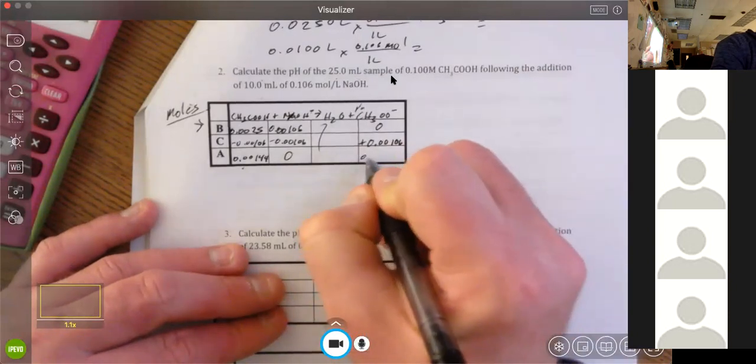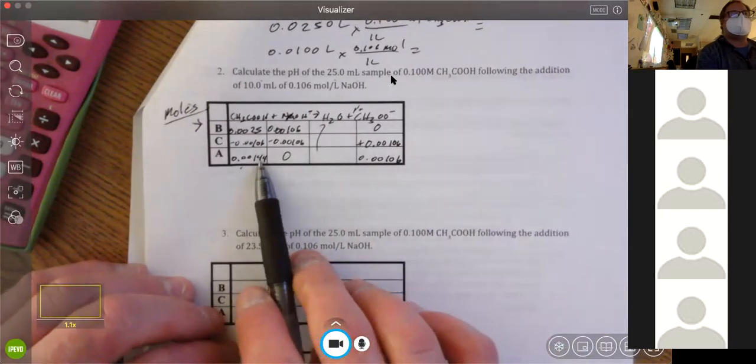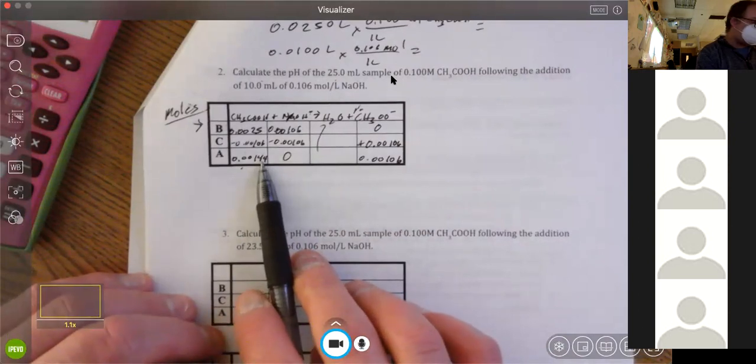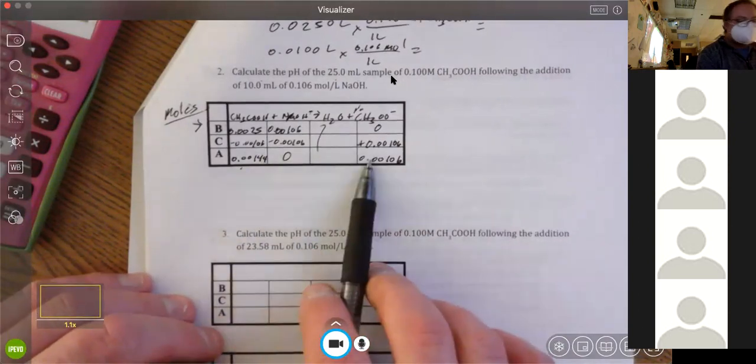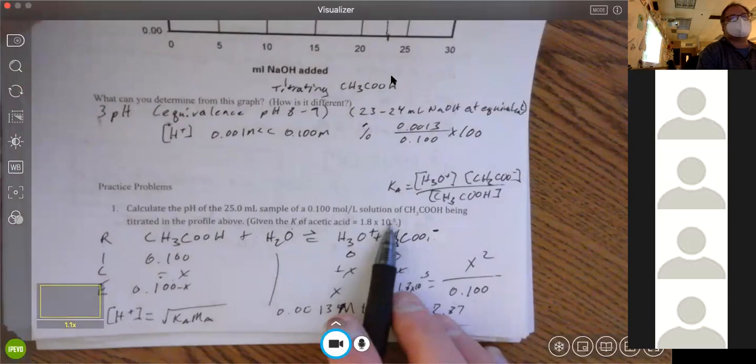So we get 0 plus that. So now at this point, we have this much of the acid left, and we have this much of the base left. So we know the Ka from over here, 1.8 times 10 to the negative fifth.